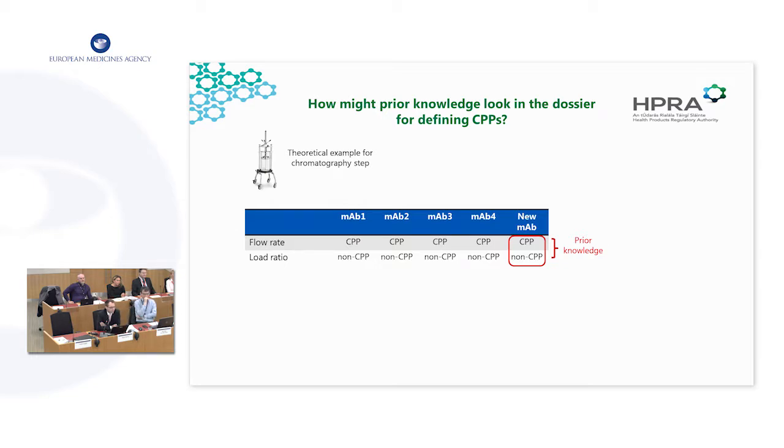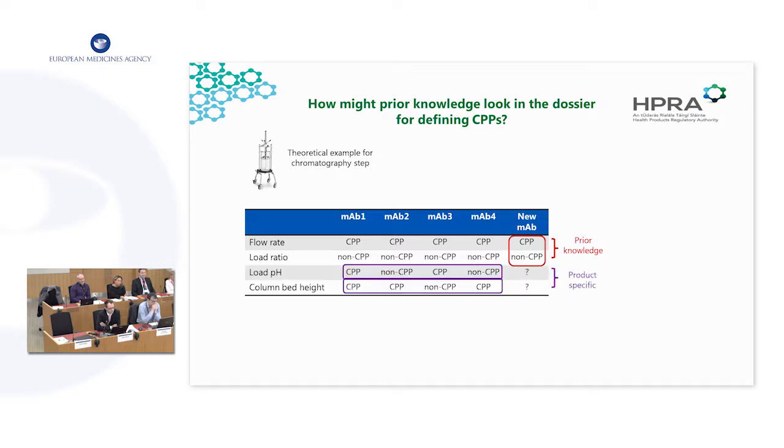Again, this is just a cartoon example of a theoretical chromatography step. It's just to conceptualize it: you may have several mAbs, for example, and it just picks some process parameters. Say flow rate might have always been critical in your platform, and load ratio, just for example, might have always been non-critical. So you could show that it's likely that this would hold again for the next one in the series.